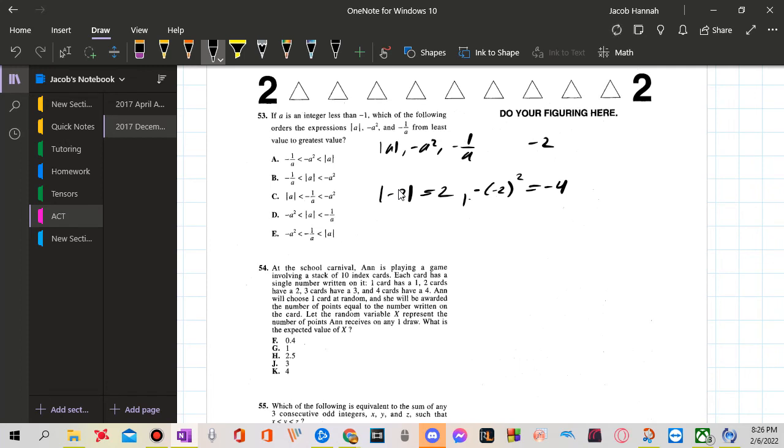And minus 1 over a is going to be 1/2. So this becomes -4. -4 is less than 1/2, which is less than 2. So absolute value is the greatest. This one will always be negative, and this one will always be positive.